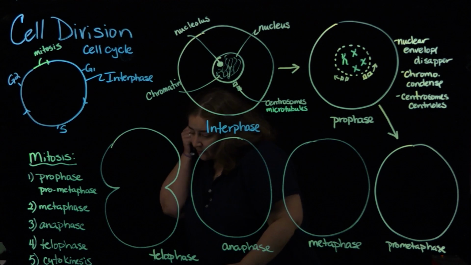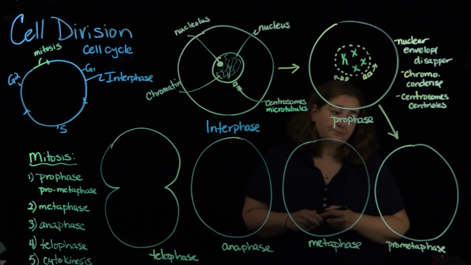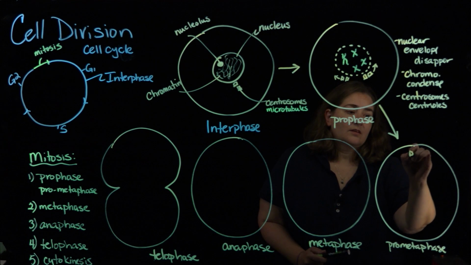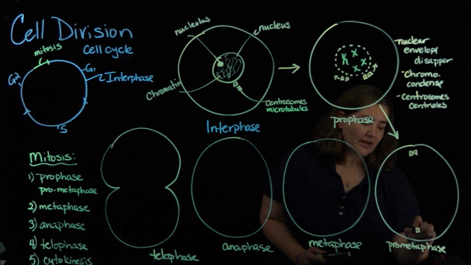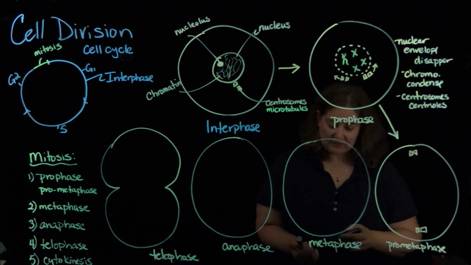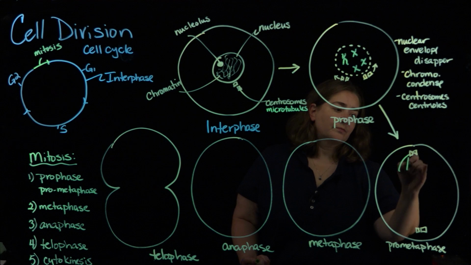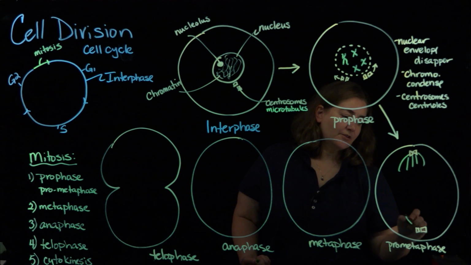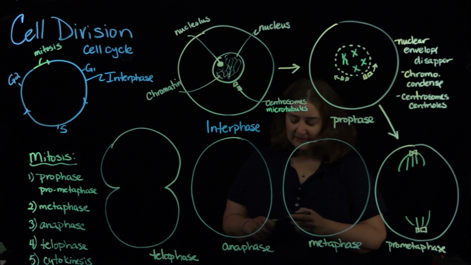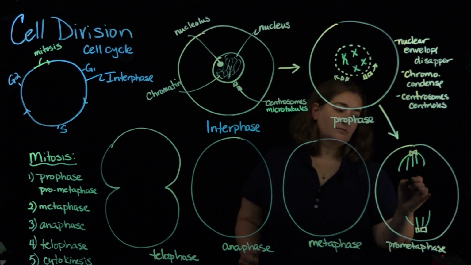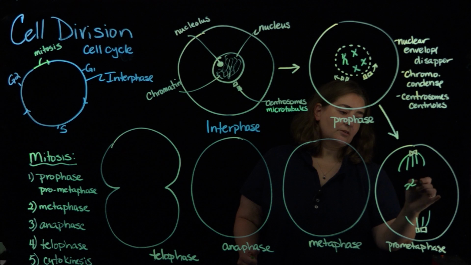Prometaphase now, what's going to happen? Those centrioles have migrated to the poles. We've got microtubules coming off of there. And in the center here, we've got our chromosomes.